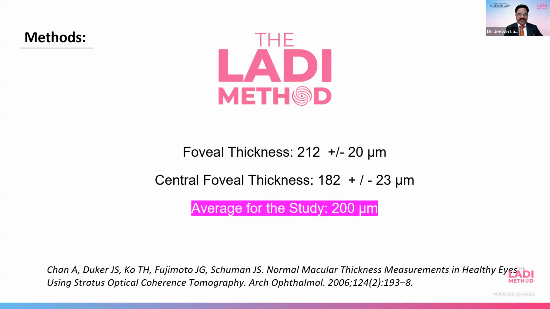The study reveals that foveal thickness is 212 microns, while central foveal thickness is 182 microns. So obviously, the average for the study was taken as 200 micron or 0.20 millimeters. This was the logic behind adding 200 micron or 0.20 millimeter to the immersion measured axial length measurement.